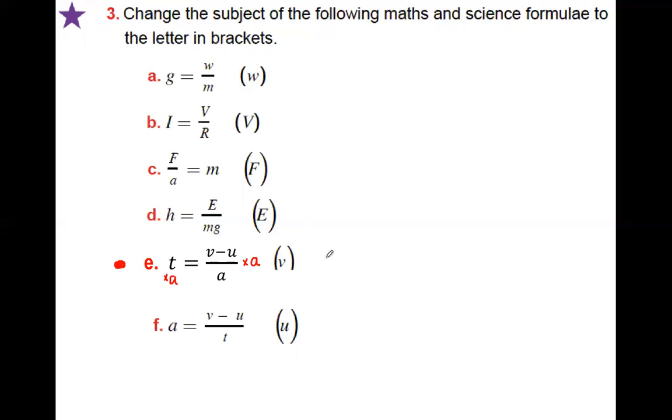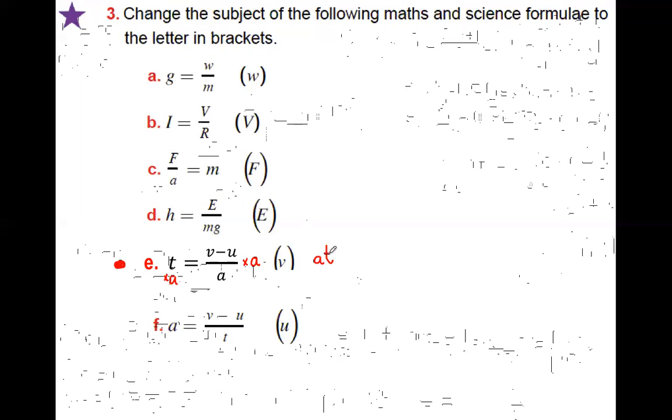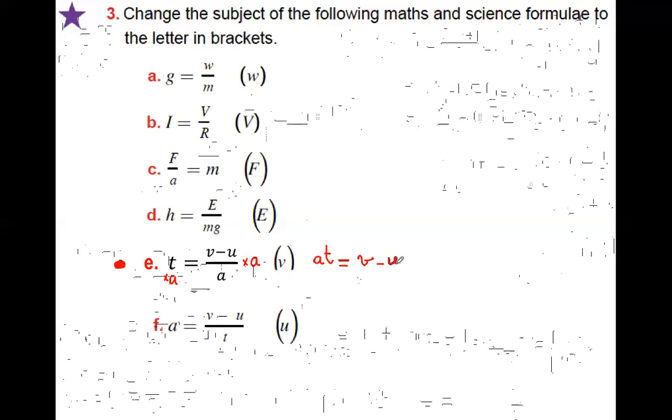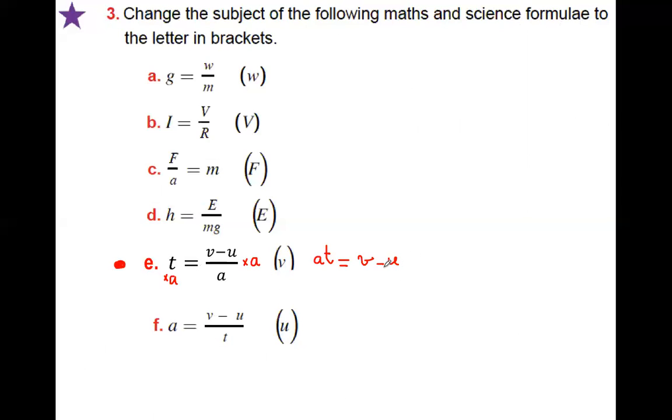So I get AT. So you can write it like that, AT equal V minus U. And now I want to get rid of the takeaway U. The opposite of taking away is adding. So I just add plus U both sides, and that's U, you've got your answer.